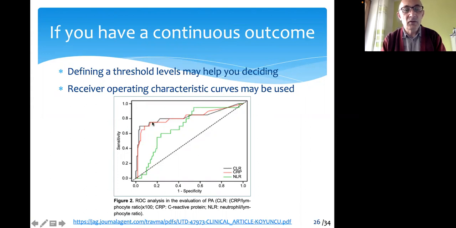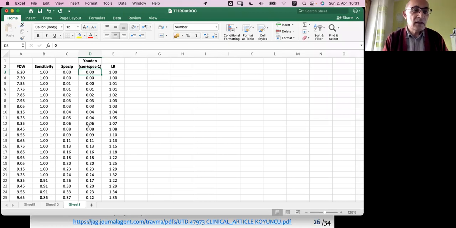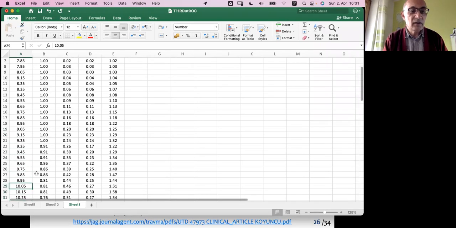Each dot on this curve represents one threshold, one measurement. So as I increase my threshold from 6.2 to 7, 8, or 9, let's go up until 10, you see my sensitivity will decrease.